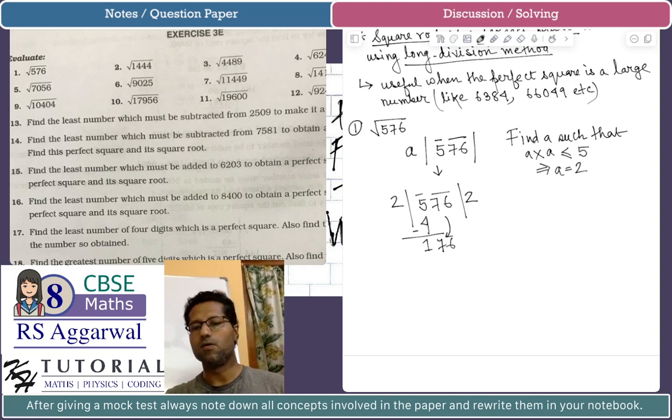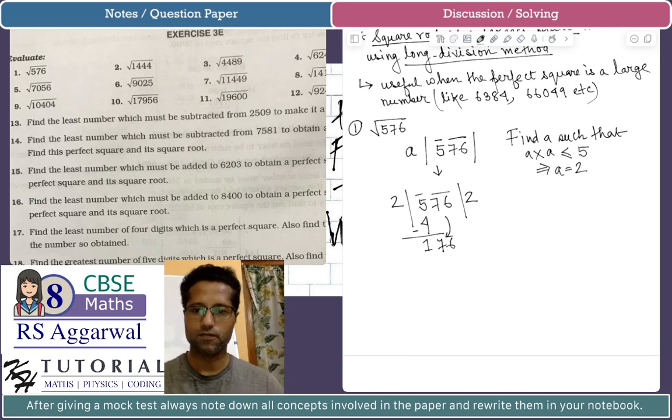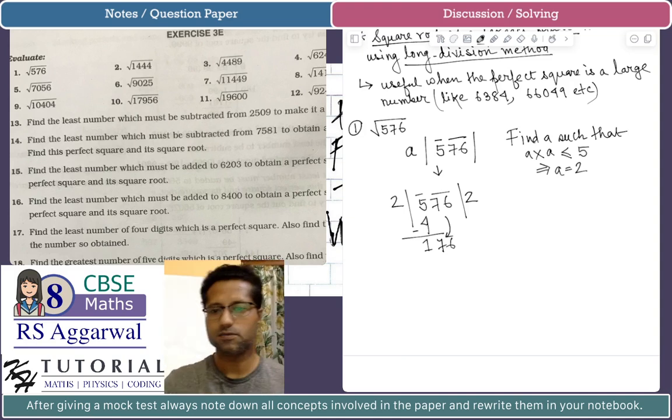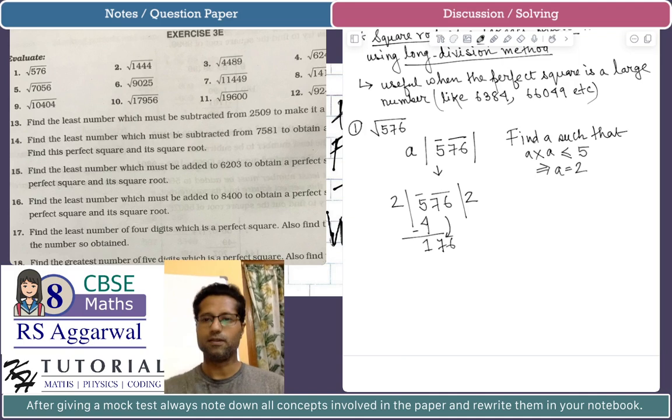Initially the dividend was the given number, 576, and we had to find a single-digit divisor which, when multiplied by itself, gives a number less than or equal to the leftmost period, which is 5. The divisor was 2, and the quotient was also 2.